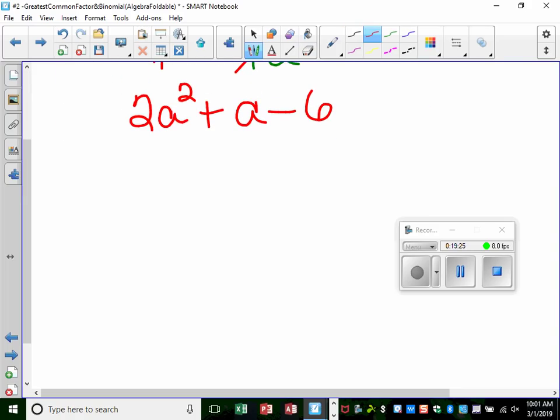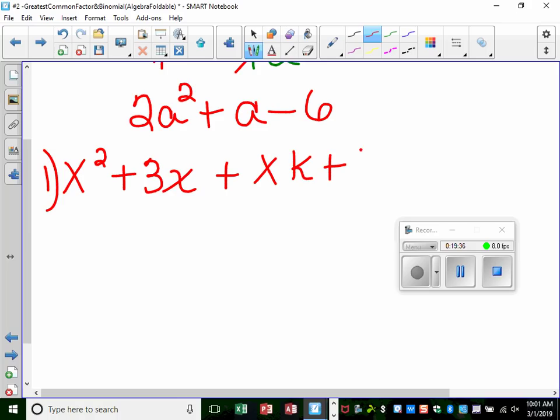So for page 2, let's do number 1. So number 1 says x squared plus 3x plus xk plus 3k. So we're going to group the first 2, group the last 2. And what can I take out of that first set of parentheses? X. Very good.